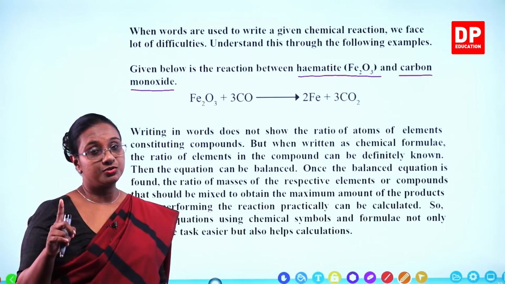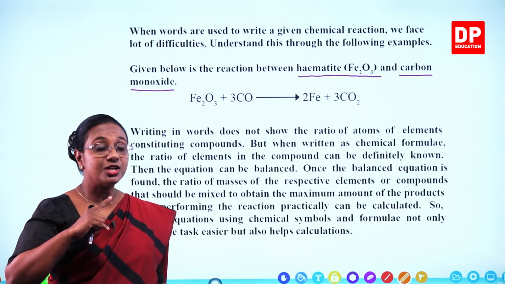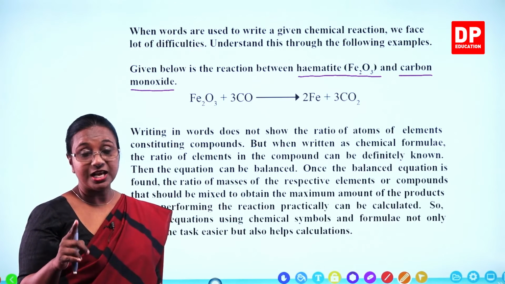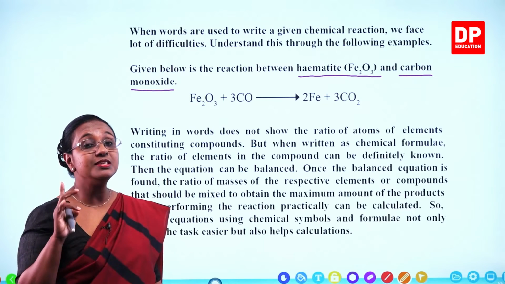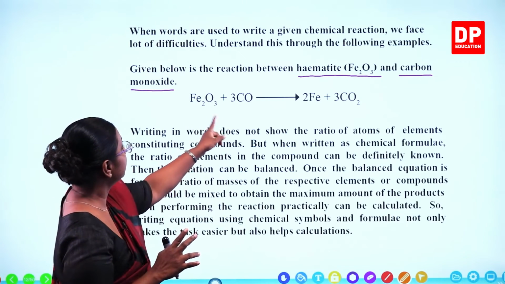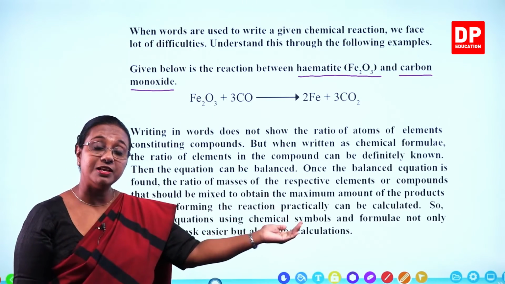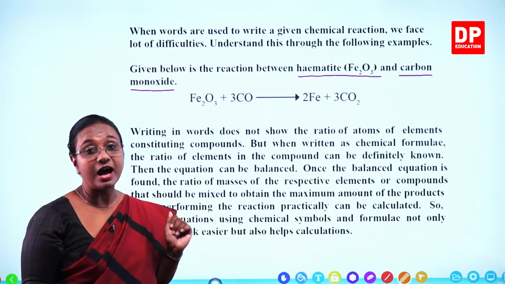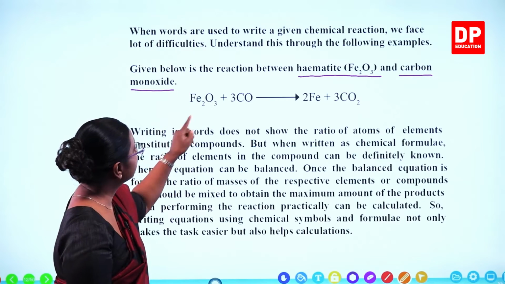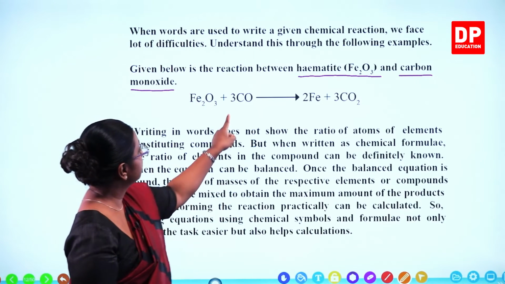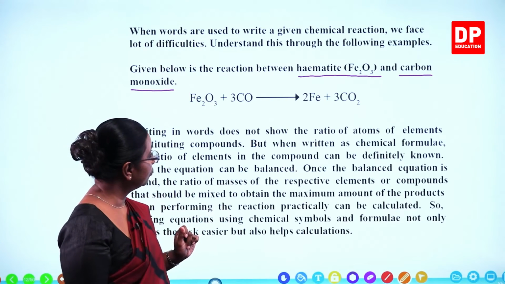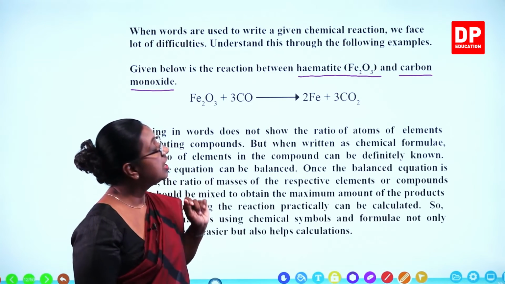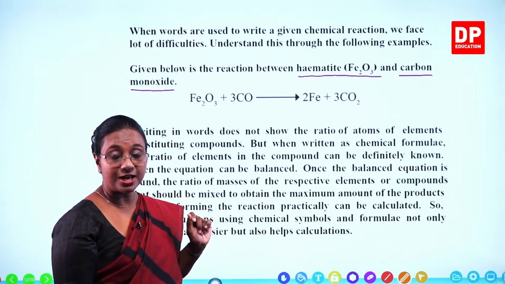I told you all students, when we wrote the reaction between iron oxide and carbon monoxide, we will come across a similar reaction. This is the reaction that we will be discussing again when we discuss extraction of iron. So this is hematite, Fe2O3. This is carbon monoxide, CO, gives rise to Fe, iron, and CO2, carbon dioxide.